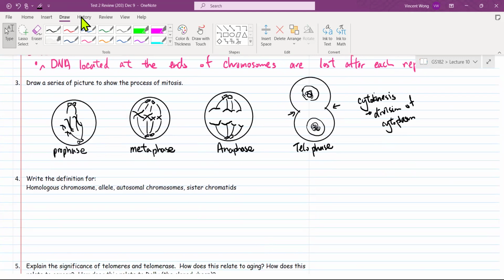Okay, moving on. Homologous chromosomes. These are basically the paternal and maternal chromosome pair.